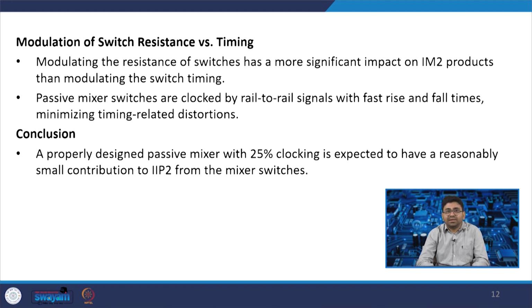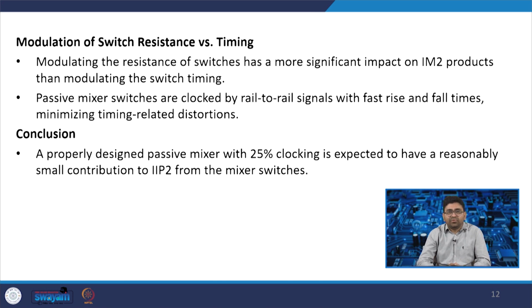Modulation of switch resistance versus timing. So, modulating the resistance of switches has a more significant impact on IM2 products than modulating the switching time. This is because this resistance is changing as the LO is applied, because at one point of time we are switching it on and it is off for the other 3 cycles.